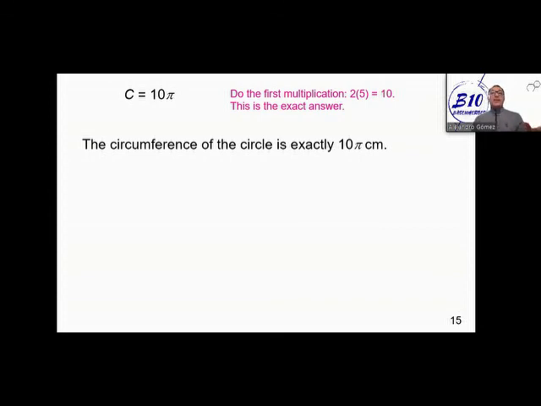But anyway, it is an approximation because it is an infinity amount of decimals. So because it is so long, we say that the very exact answer is 10, the diameter in this case, times pi. Centimeters, because it's a distance.